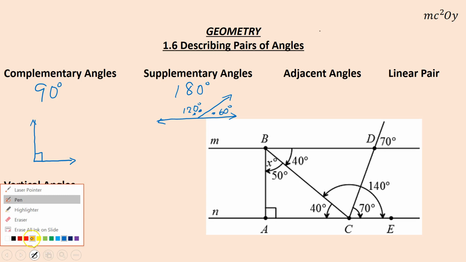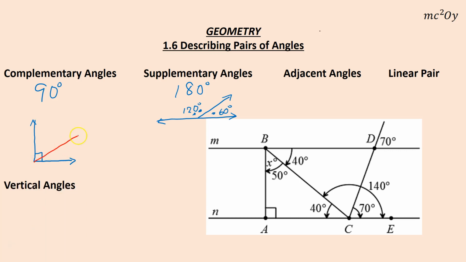So with the complementary angles, maybe you have an angle going through here like this, and maybe this is 40 degrees, and say this is 50 degrees up here. Those would be complementary angles, and when I say those, I should actually say A, B, C, and D. You'd say complementary angles, angle ABC and angle CBD.